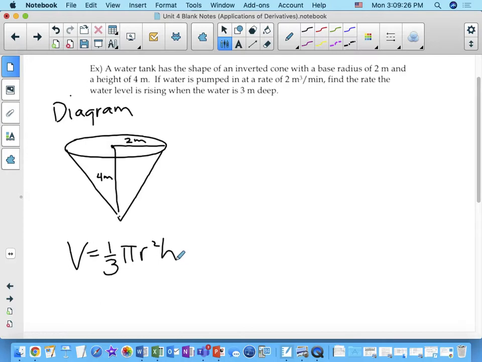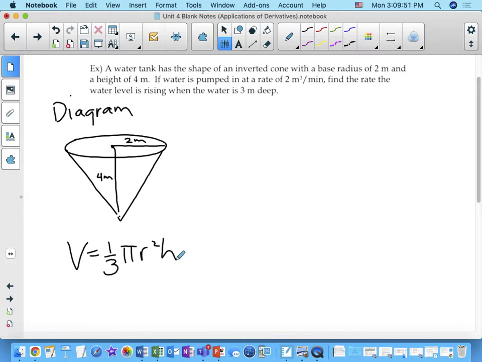Yes? Why is it not upside down? Because it says inverted cone. It says it is inverted. Oh, well, I suppose if you think it's a tank, you'd think that the base of it would be on the bottom. I suppose it depends on which way you think a cone should go, right? If it's like an ice cream cone, then this isn't inverted.